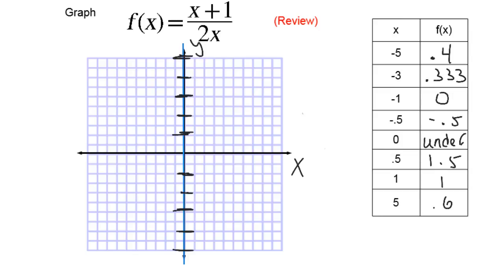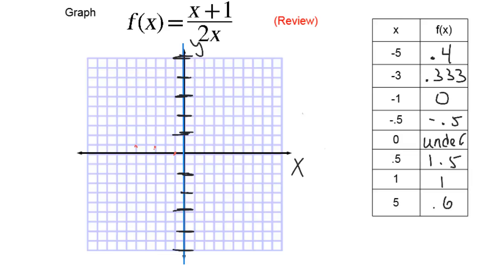When x equals -5, y equals positive 0.4. So -1, 2, 3, 4, 5, up almost to 0.5, because 0.4 is just a little bit under 0.5, and I got a point right there. When x equals -3, f of x is just a little bit less than that. I'll put a dot right there. When x equals -1, y equals 0.